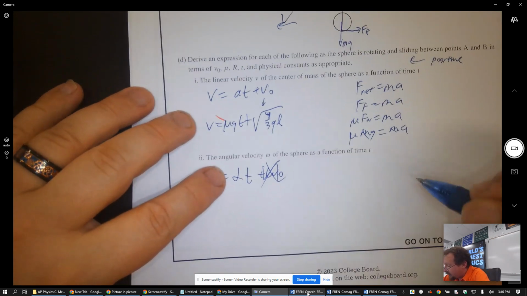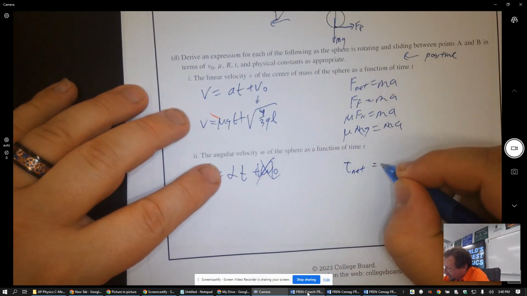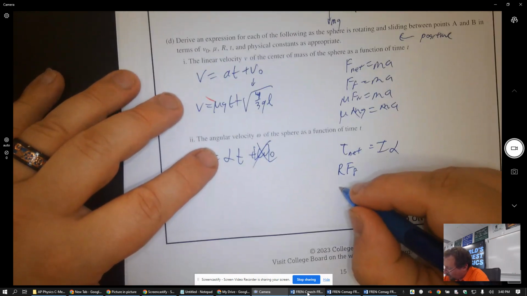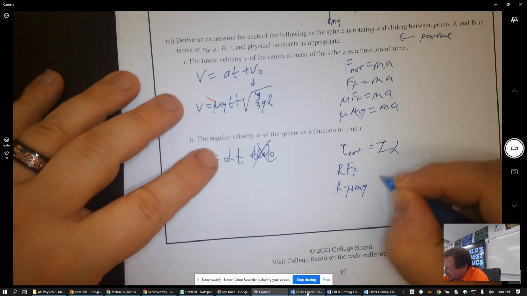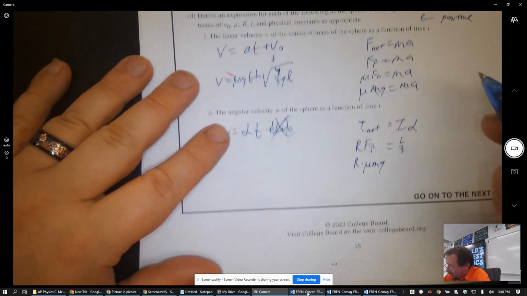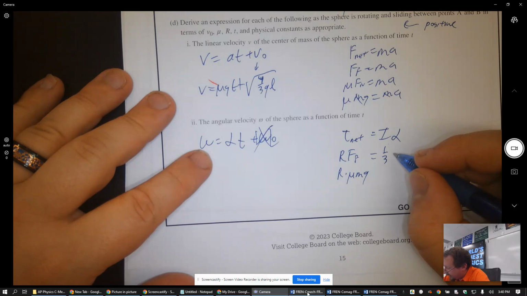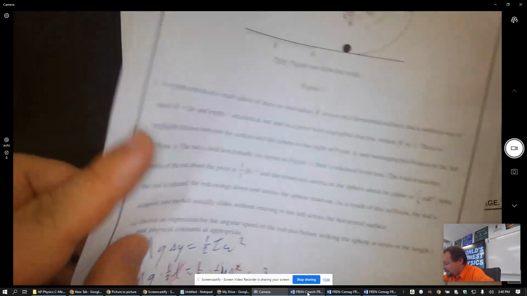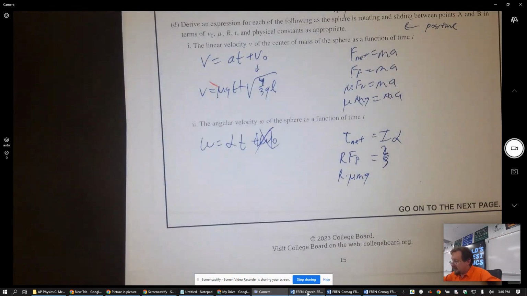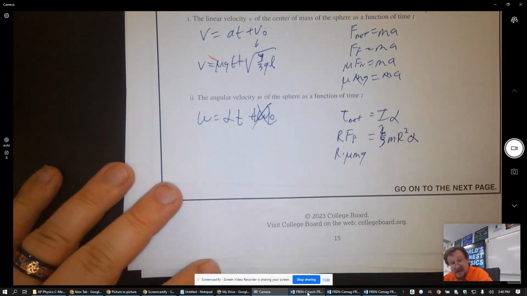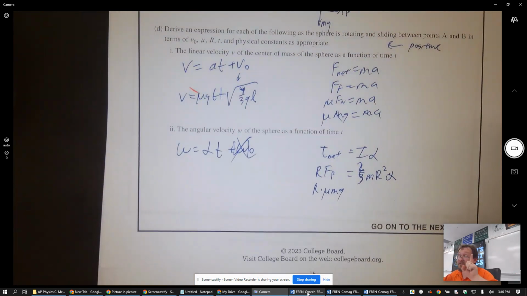How am I going to get the alpha? Net torque equals I alpha, and the net torque is radius times friction force, radius times mu mg. This is going to be 2/5 little m r squared times alpha, which I cannot replace with a over r because I'm slipping.